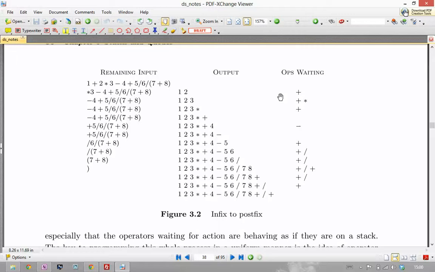Okay. If you don't pop equal, your precedence rules are that ties go from right to left, and if you do pop equal, your ties are going left to right. So we want ties to go from left to right. Does everybody know what I'm talking about? Ties go left to right.